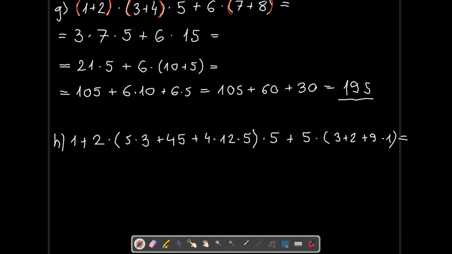Alright, the longest expression so far. Once again, we need to solve the brackets first.